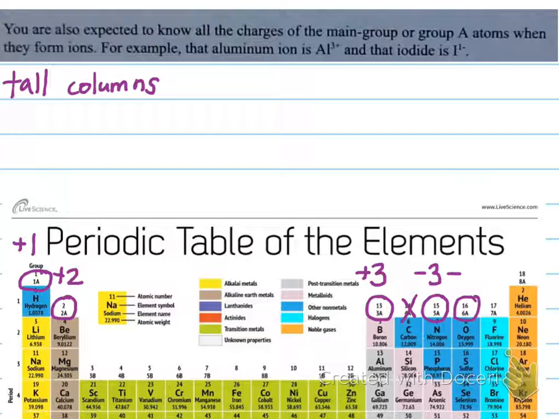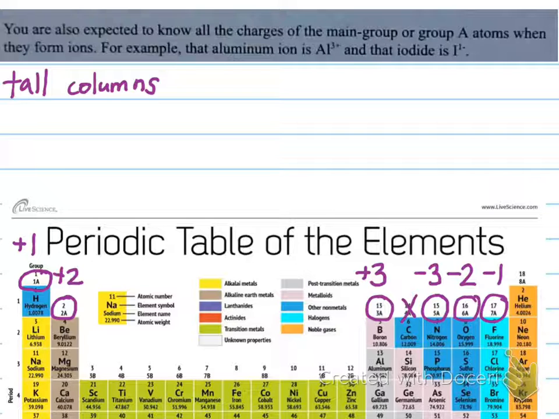Group 6A, a charge of -2. Again, that's because they have 6 valence electrons, and it's easier to gain 2 than it is to lose 6. And finally, group 7A has a charge of -1 because, again, they have 7 valence electrons and it's easier to gain 1 than it is to lose those 7.